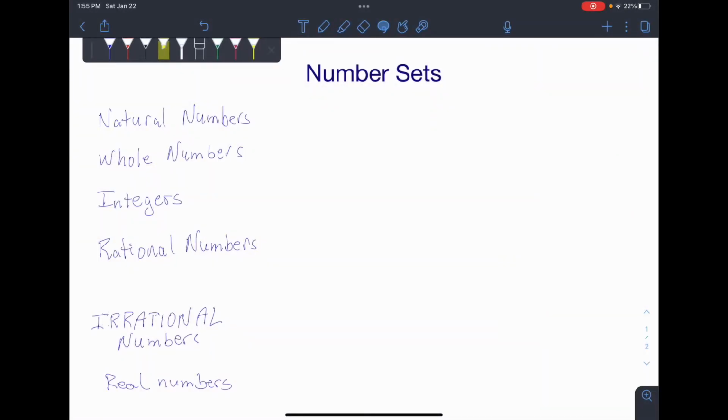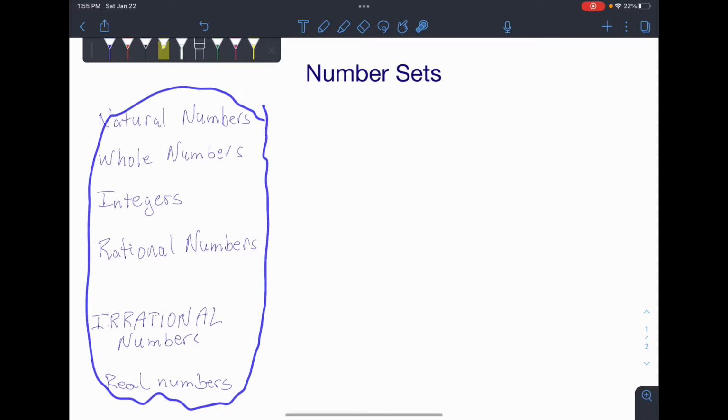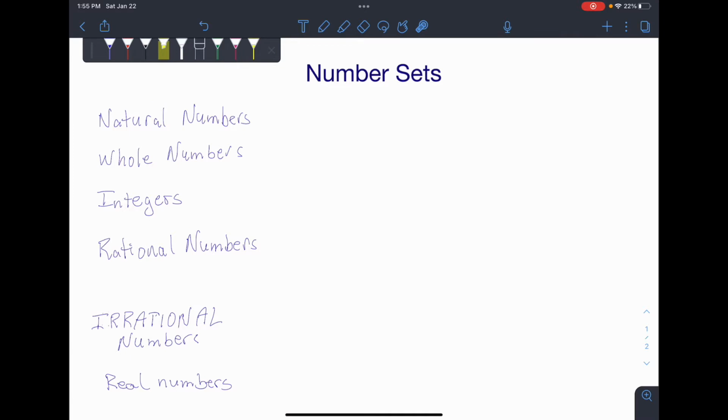Okay, today in this video, we're going to talk about number sets. There are a few number sets that we're going to be looking at in this course, and they're all listed right here. We'll start with the first one, called the natural numbers.